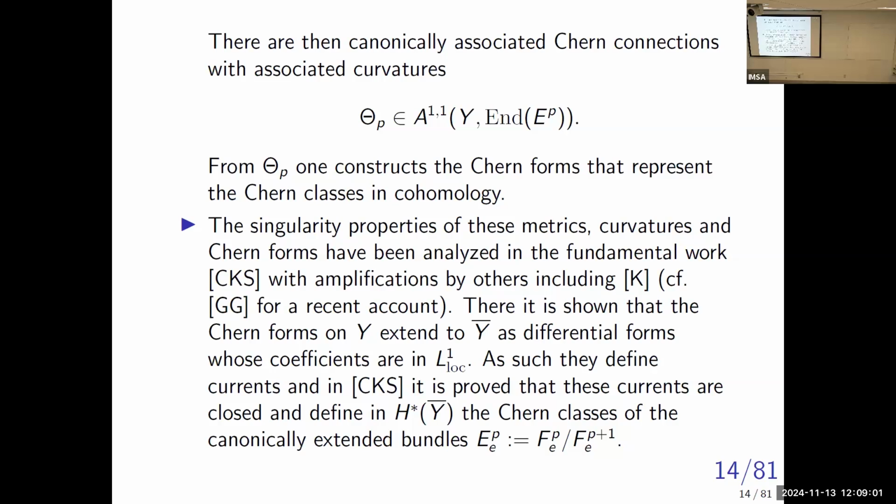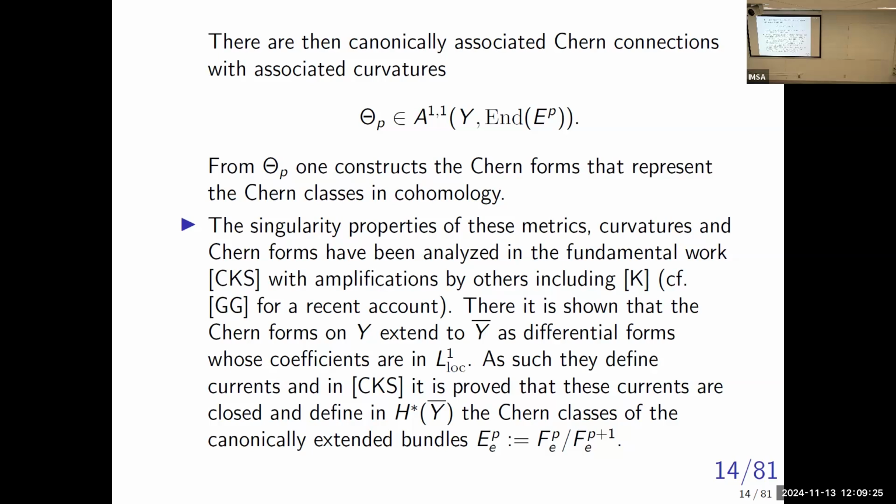What happens in the Hodge-Riemann case, though, is that the Chern forms, as differential forms, are not smooth, but they're close to smooth. They're in L1, so they're integrable. Okay. And any integrable differential form defines a current.